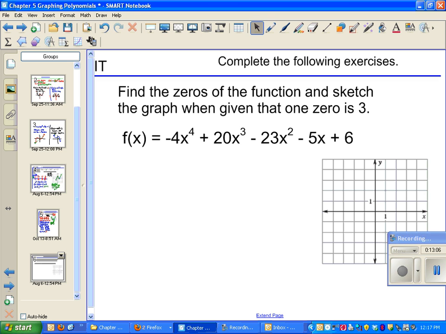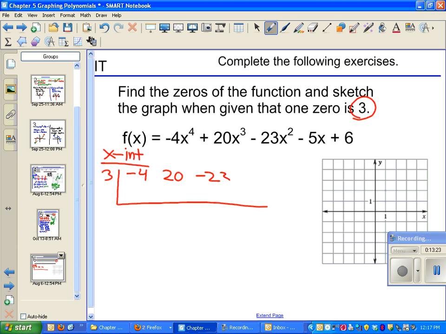Okay, so they give us that a 0 is 3, so I'm finding my x-intercepts, my y-intercept, and the end behavior. So I'm going to put 3 outside, and then inside it's going to be negative 4, 20, negative 23, negative 5, and a positive 6. So I bring down the negative 4, I multiply to get negative 12, I add and get 8.